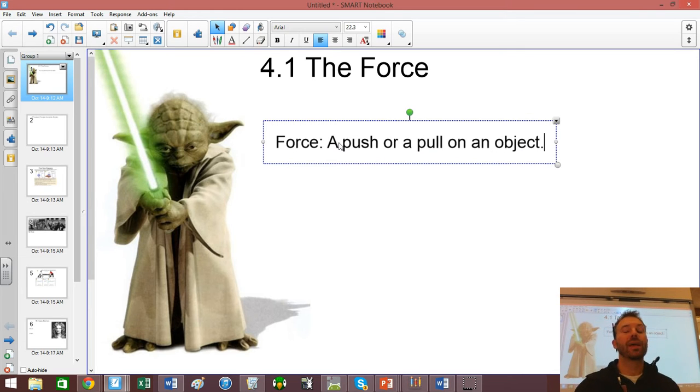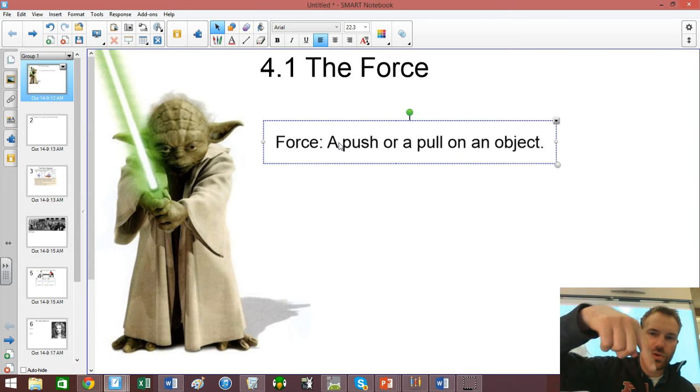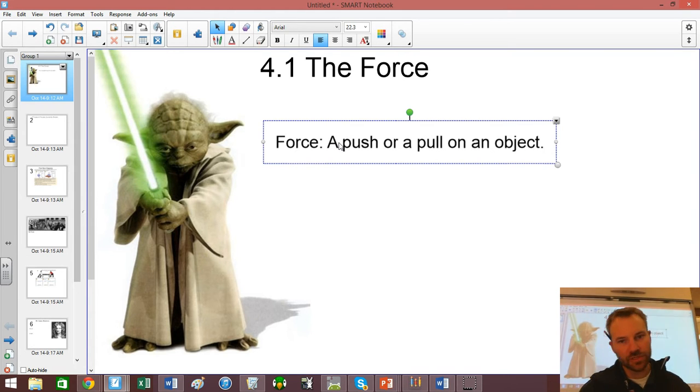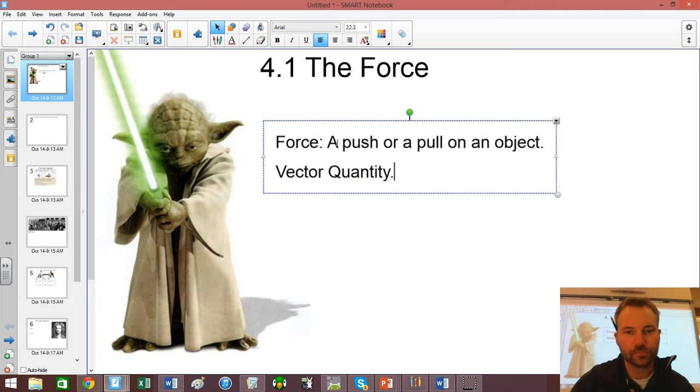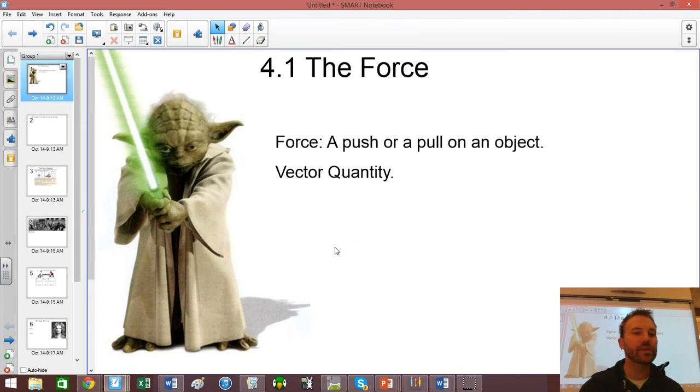How you push or pull on an object is very important, meaning it's a vector quantity. Like if you push down or if you push left or you push right, it is a vector quantity. The direction matters.